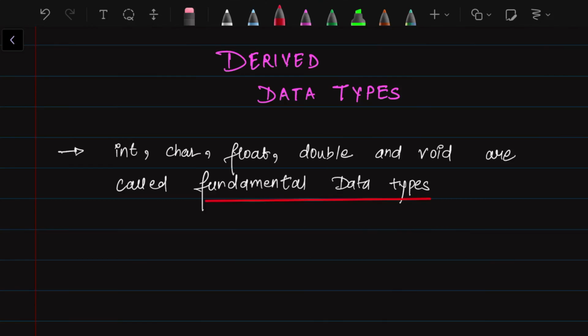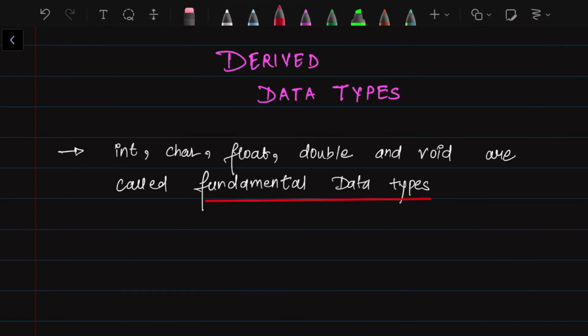We also have more complex data types which are derived from the fundamental ones. All of these data types that are derived from fundamental are called derived data types. In C, we have a data type called Boolean, short form bool.